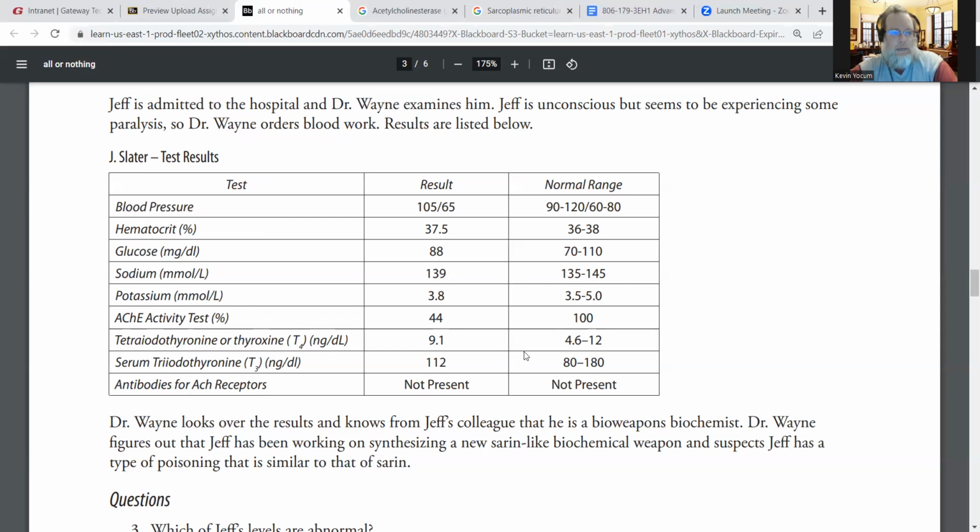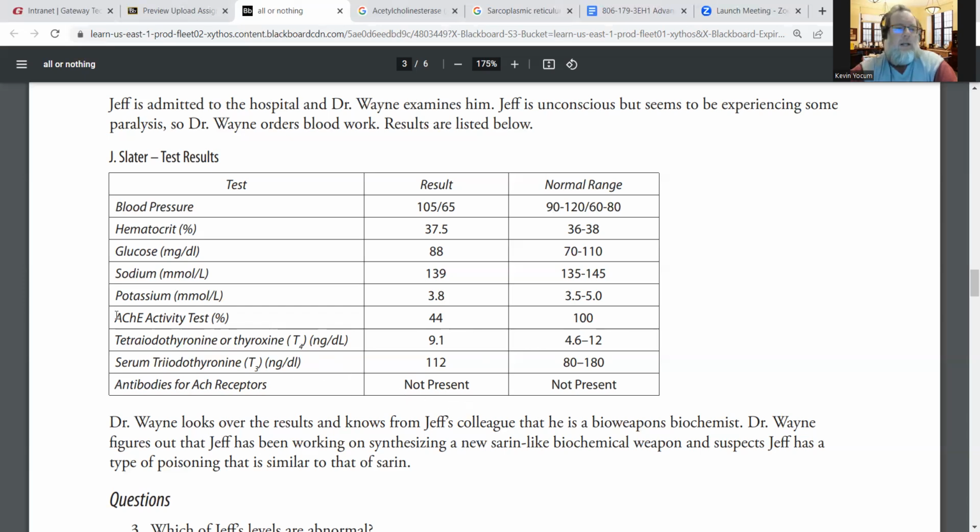So anyway, thyroxine levels, T4, remember, from the thyroid gland, a metabolic hormone, and then we have T3 levels, which again we talked about in our last case study, case study 2, I believe it was. We talked a little bit about the thyroid and these two, and those levels are fine. These are very high when we're dealing with some sort of extreme situation with sympathetic or stress hormone release.